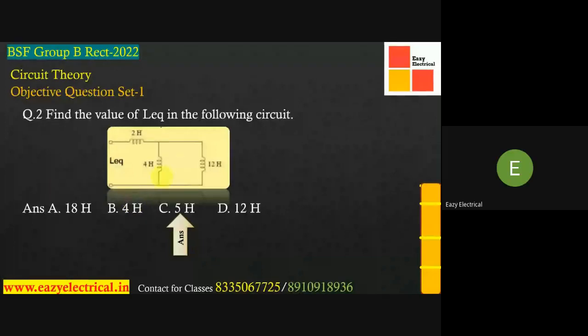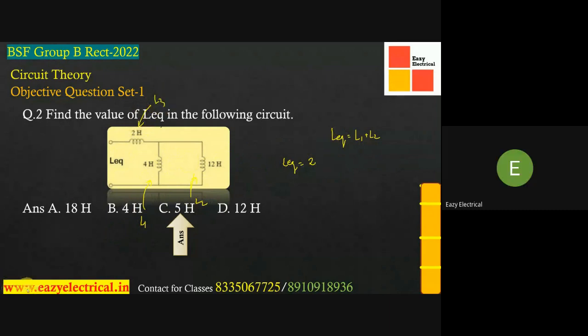So how to calculate this? Now you know that if two inductors are connected in parallel, then their equivalent inductance will be how much? Suppose this one is L1, this one is L2, and they are connected in parallel. So L equivalent will be, consider this as L3.